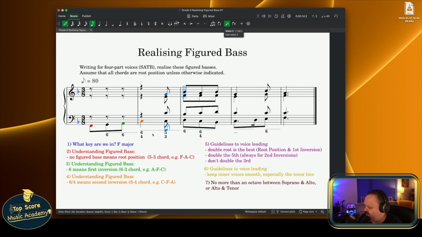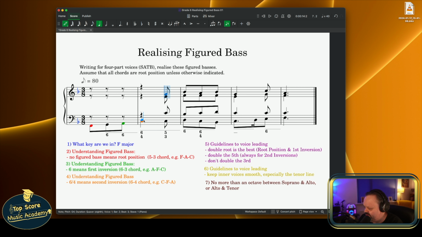Okay, so now we've reached our 6-4 chord, and if you remember what I said before, for 6-4 chords that have 5-3 written after them, that indicates very specific movement in those parts. So the fourth above the C, which is actually going to be an F, and the sixth above the C is going to be an A. Those notes should progress to the fifth and third above the bass note.